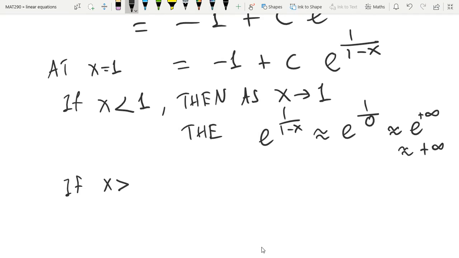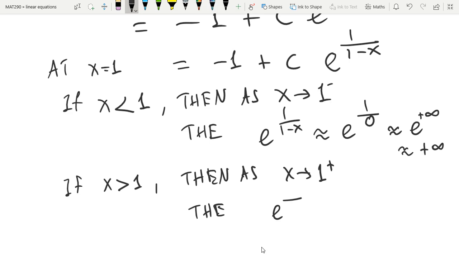But if x is bigger than 1, then as x goes to 1 from the right, we get minus infinity here, so we get 0.